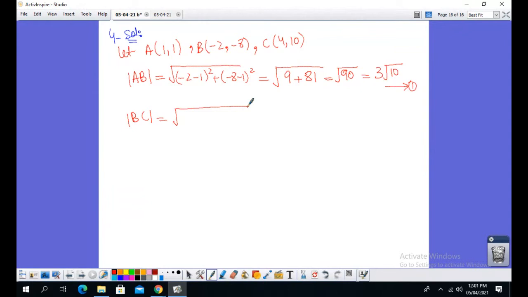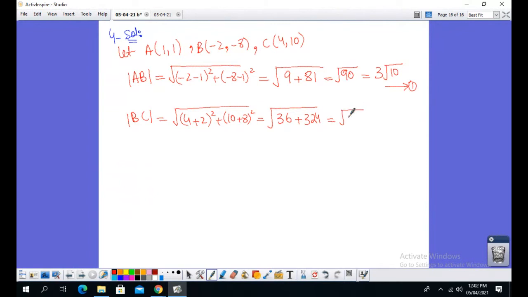When we take the distance between B and C, what is B and what is C? The distance is the square root of (x2 minus x1) squared plus (y2 minus y1) squared, which means that the square of 6 is 36 and the square of 18 is 324.